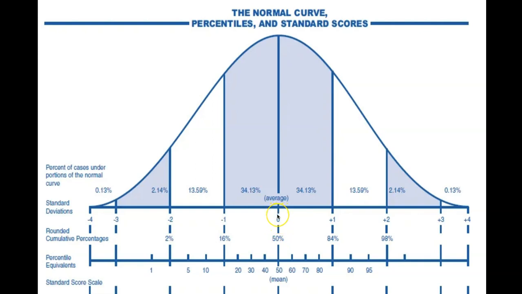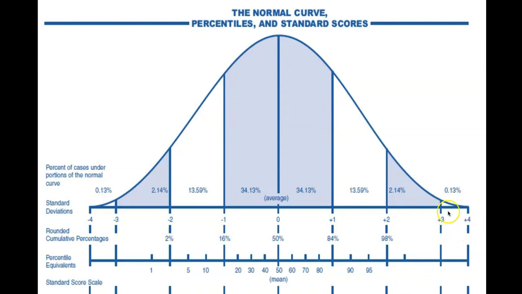All right. Now, we've got the person at +1 is going to be at about somewhere between 84 and 86 percentile rank. At +1, they get a 115. Remember, we go by 15s. The person at +2 is about 98th percentile rank. They get a 130, and we're not going to worry about 4.